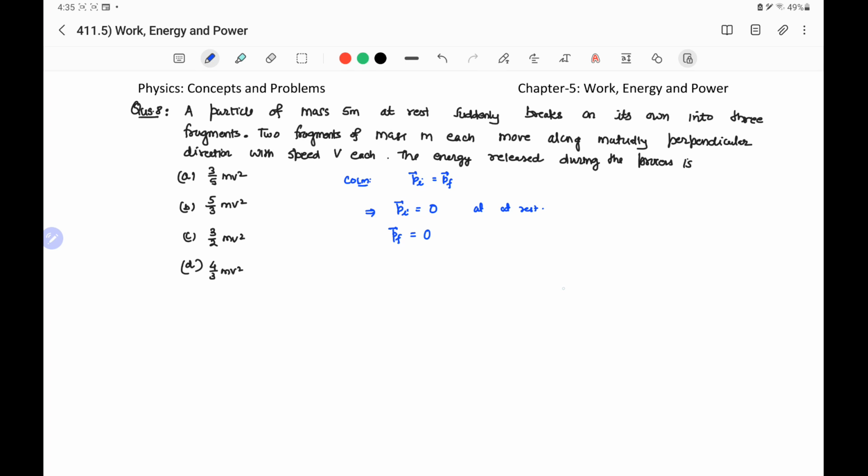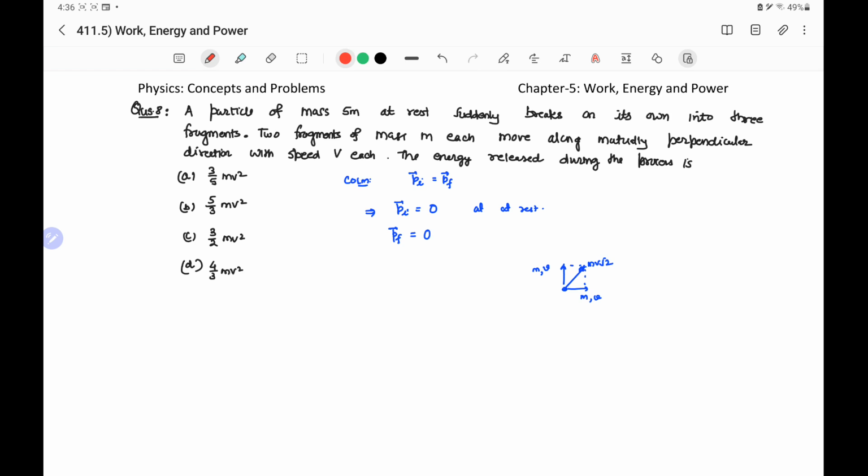It is given that the two fragments which are of masses m and m move with velocity v and v in mutually perpendicular direction. So their net momentum will be given by mv root 2.